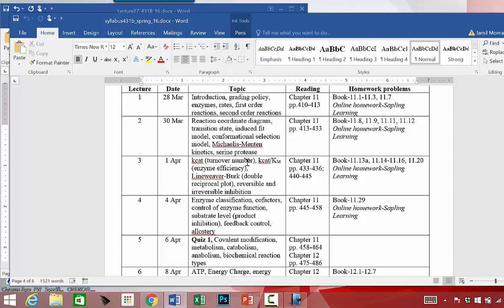We talked about kcat, which is the turnover number. We talked about kcat over Km, which is enzyme efficiency. And here again is the Lineweaver-Burk plot. So we did talk about those types. Oh, one thing we also talked about was irreversible inhibition.